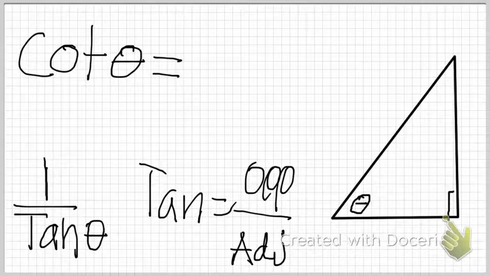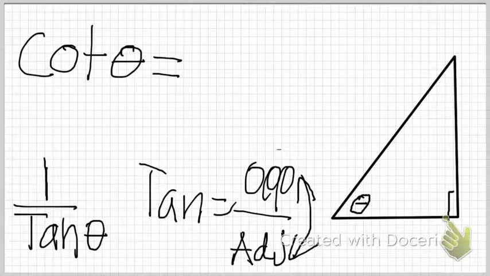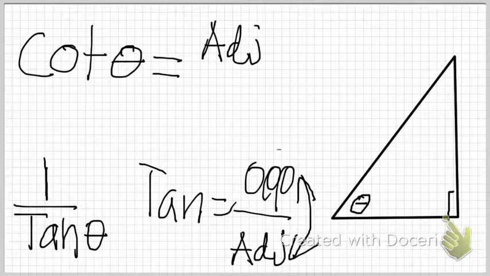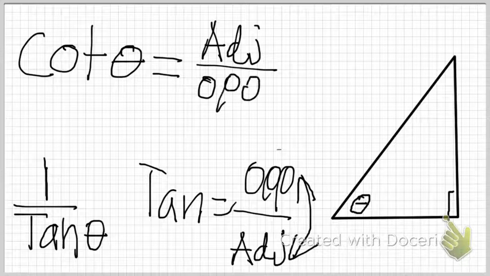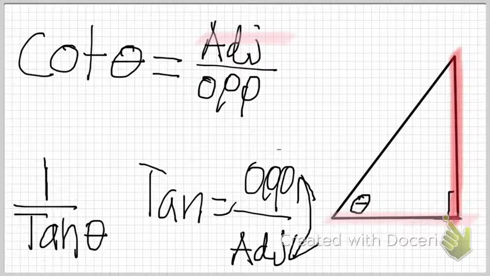We're finding cotangent of theta. So you flip this fraction, you flip numerator and denominator, and it will be adjacent over opposite. So adjacent is the color in light pink, and the opposite is the one that's in the red here.